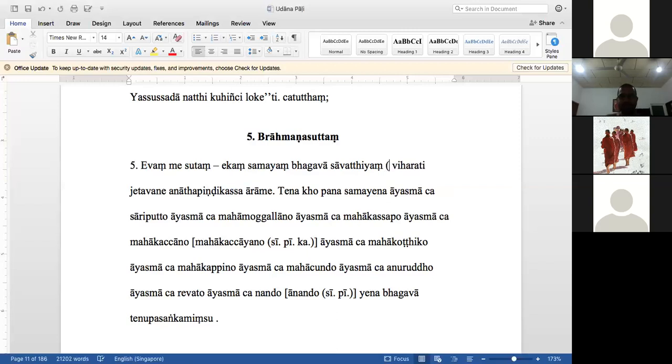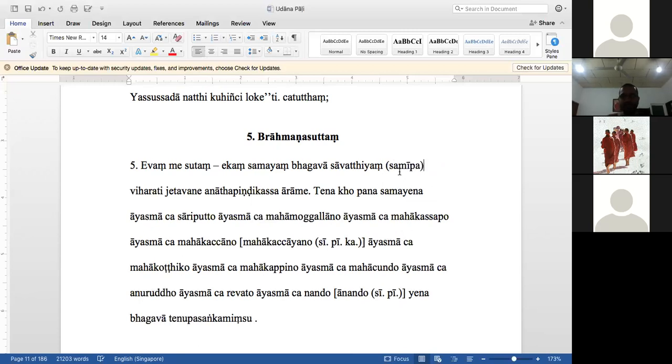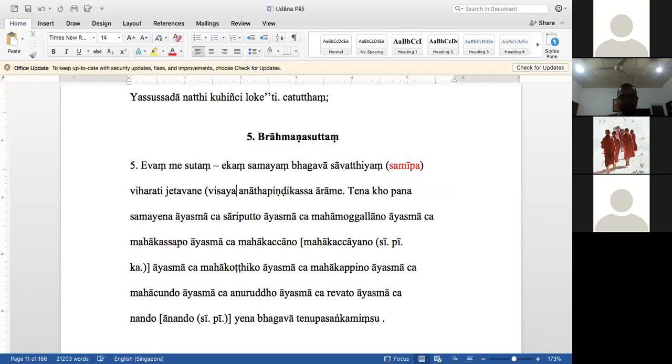This Savatthi is in the locative case, and Jetavane Anathapindikassa, Jetavane is also in the locative case.